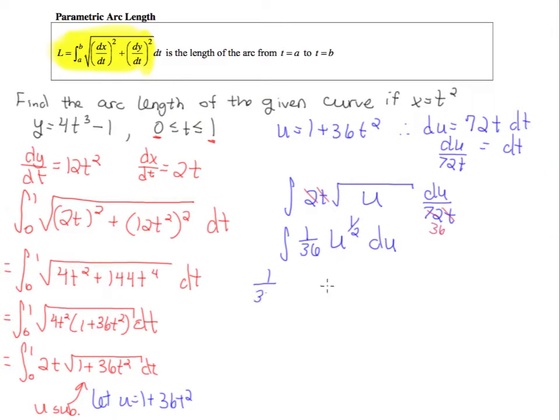Now this is an integral that we can easily evaluate, so I'm going to evaluate this integral. Then replace my u with what I found it equal to, the 1 plus 36t squared. And then we're going to find our integral from 0 to 1 of this new statement.